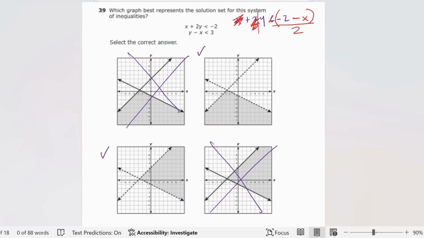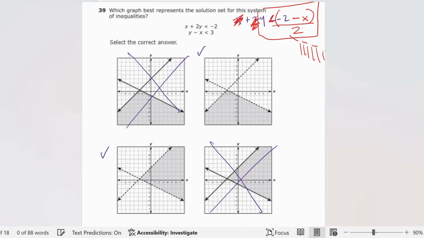If you just type this in the calculator, it will give you a graph. Take note that on the calculator, you won't see the dotted line. You just need to understand that your graph is less than, so it means your graph is something like this. It's shaded at the bottom, something like that, because it's less than, shaded at the bottom.